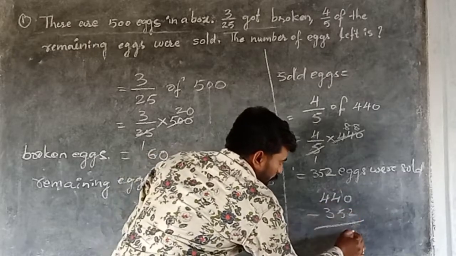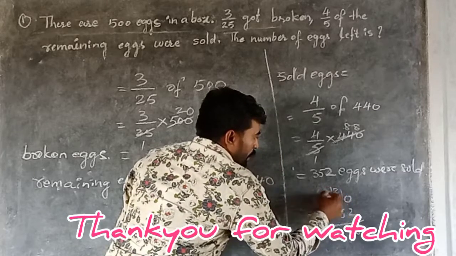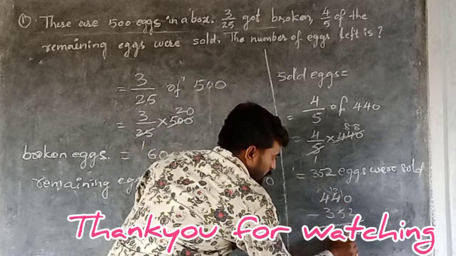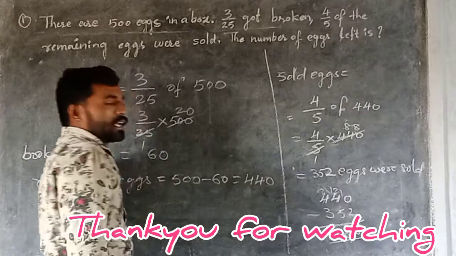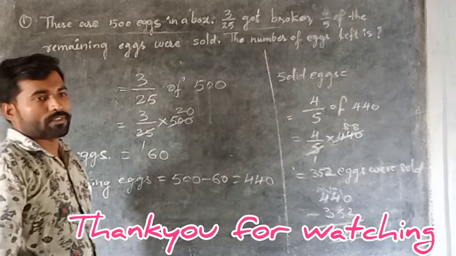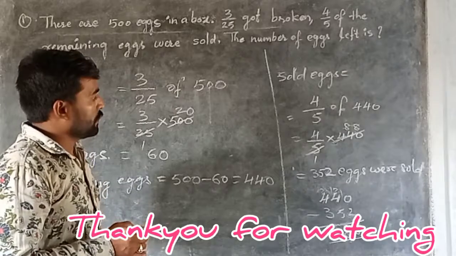How much? 10 minus 2 is 8. Here 3, so you can borrow 1. 13 minus 5 is 8. Here 3 minus 3 is 0. That means 88 eggs were left. Okay, 88 eggs are left. Okay, you can write.